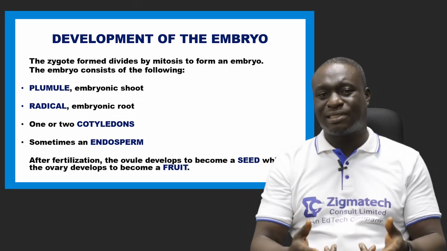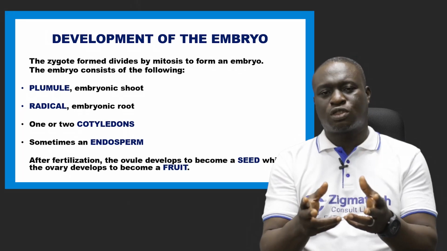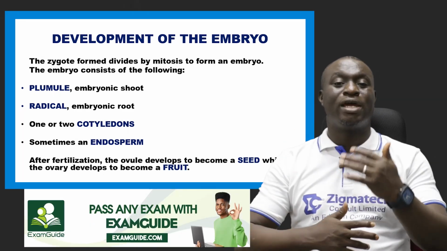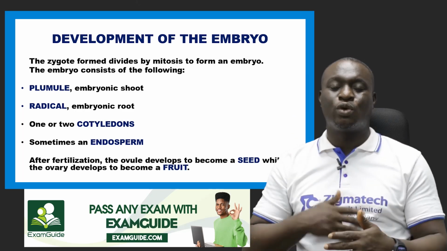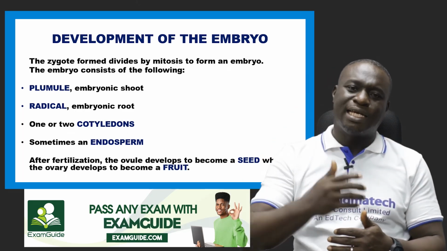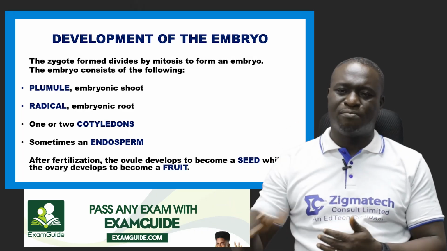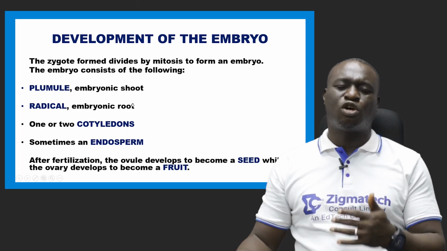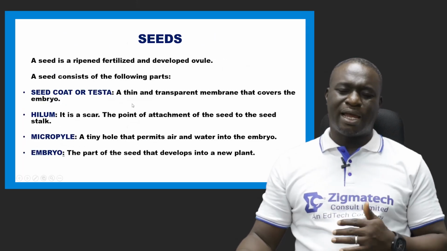And that's why when you plant seeds on suitable soil, they will definitely germinate and grow into a living organism or into a young plant. Why? The seed contains an embryo. So this is actually the process of development of the embryo.